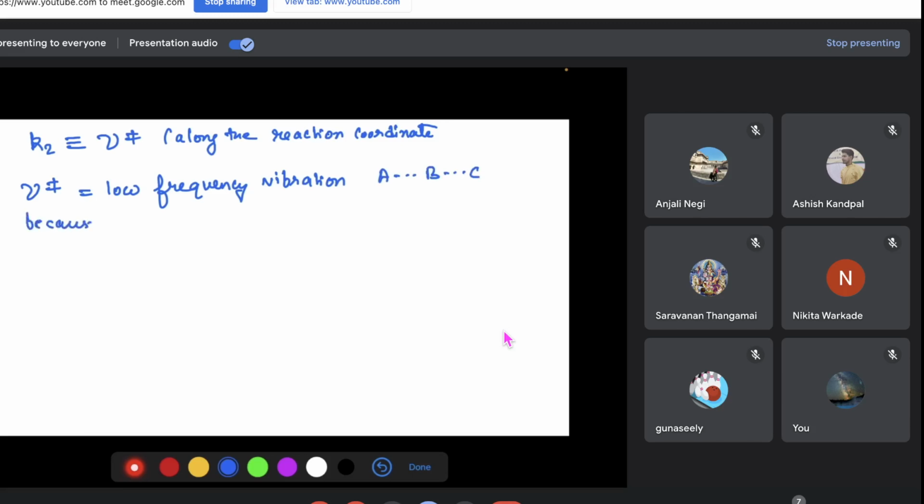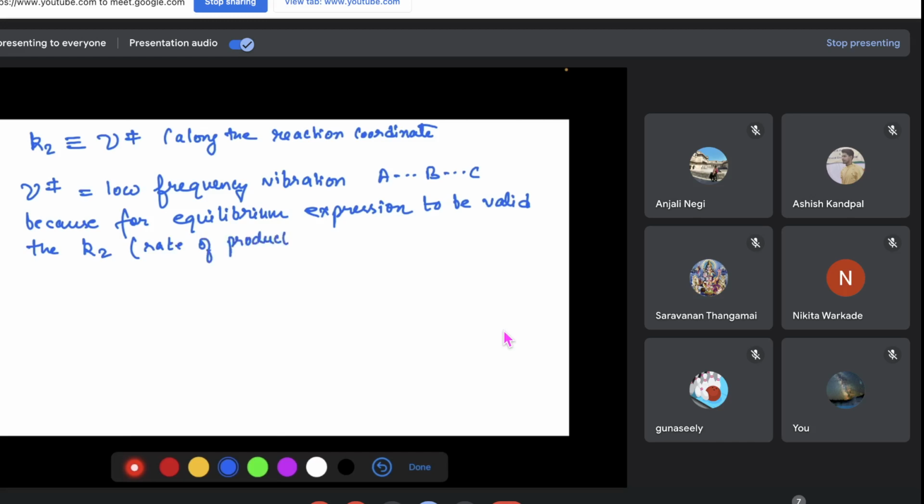Because for the equilibrium expression to be valid, the k2, that is my rate of product formation, has to be slow.